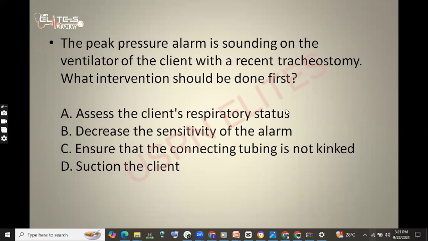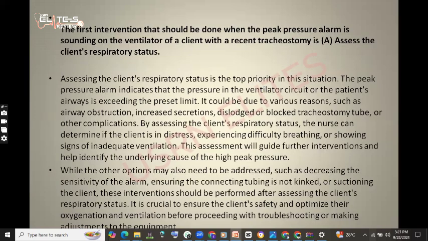We said it, right? You check on the patient first before you check on the machine. So you assess the client's respiratory status. So that becomes the answer. Well done. So that's the rationale.